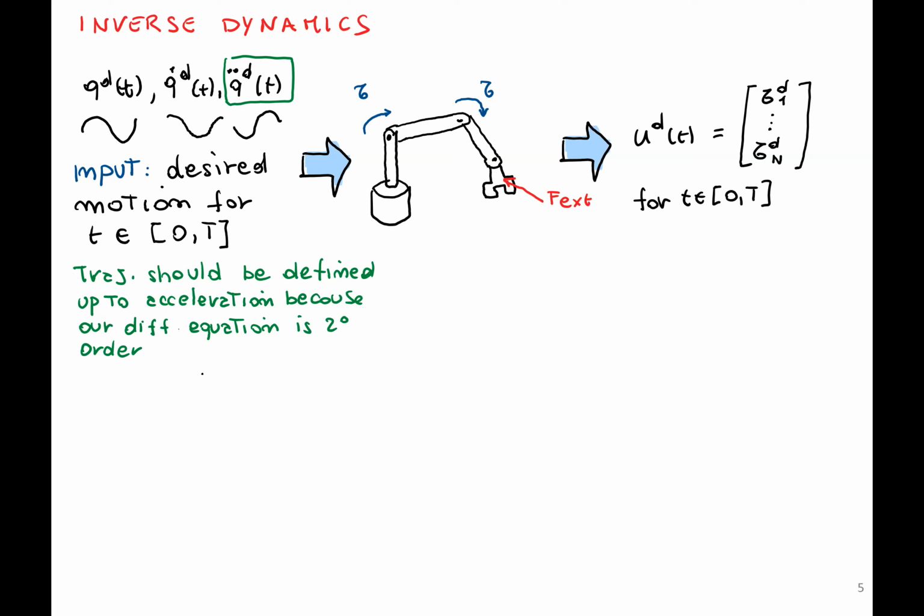Given this desired motion, once you have the model, you can ask yourself what the torques, or generalized forces in general, are that are needed to achieve the motion, at least in nominal conditions. So with everything perfect.